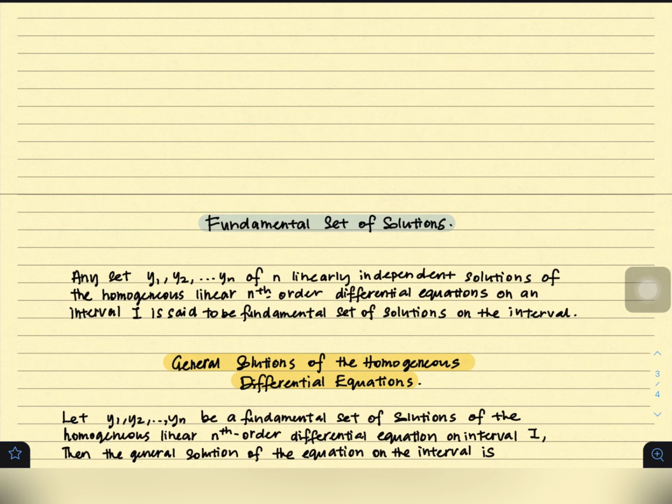For example, if you have the second order, awak akan ada d square y dx square. So this one represent the order of your differential equation.